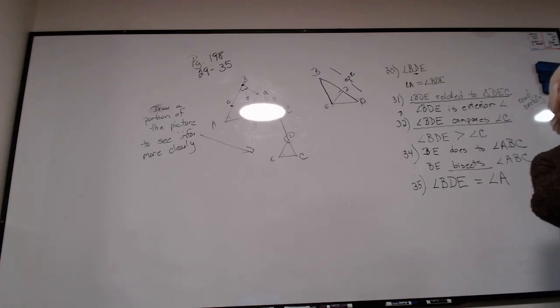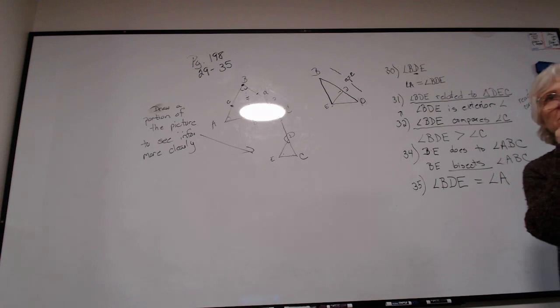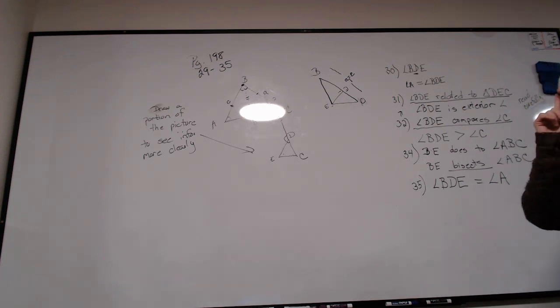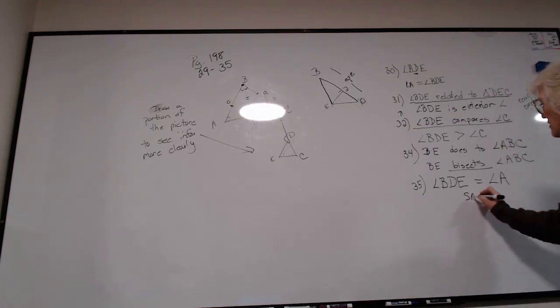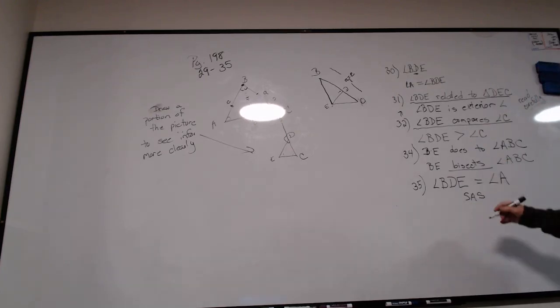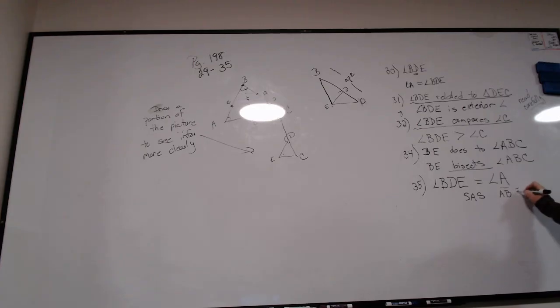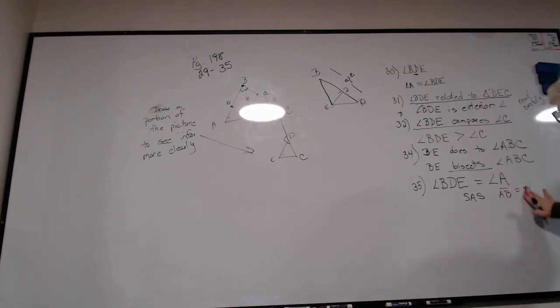How do we know? Because BE bisects it. Okay, and what else? We know angle A equals... Can't you use side angle side? You could use side, angle, side, because we have side AB equals side BD or DB.